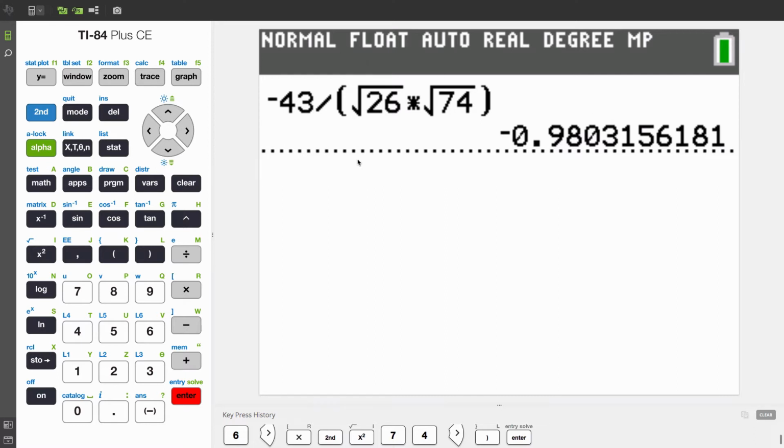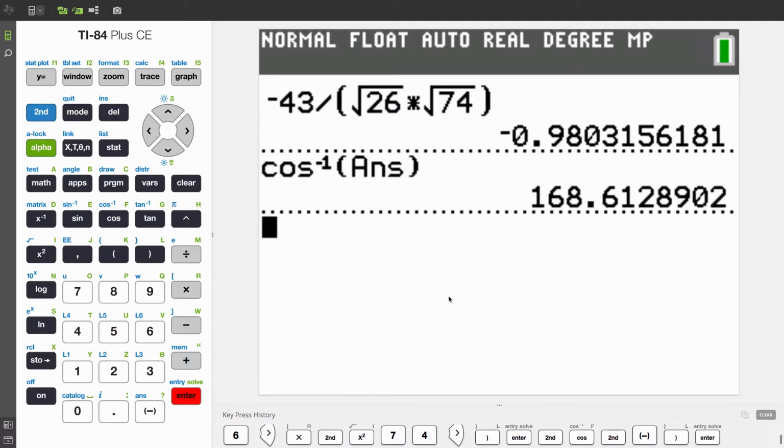Now, that just gave me this term. Remember, we're supposed to find the inverse cosine. So now I'm just doing this to show you how you can use your calculator. If you do second inverse cosine, second answer, and answer is going to be whatever's right here on your calculator. Close parentheses, enter, 168.6 degrees.